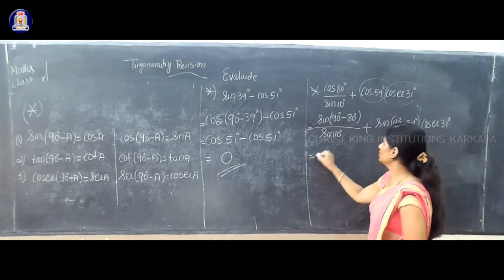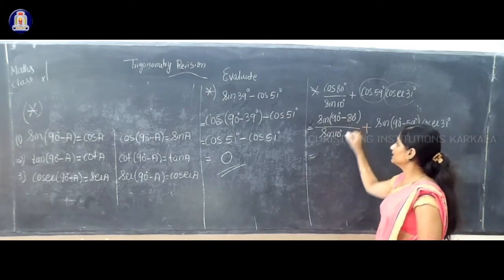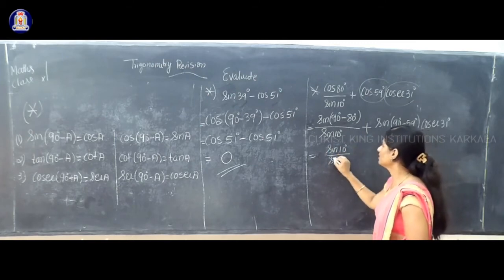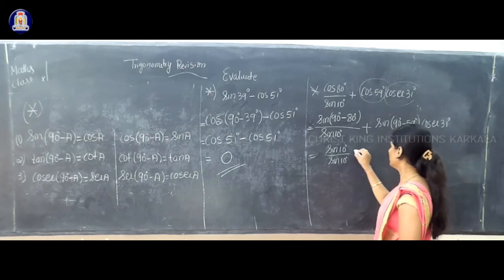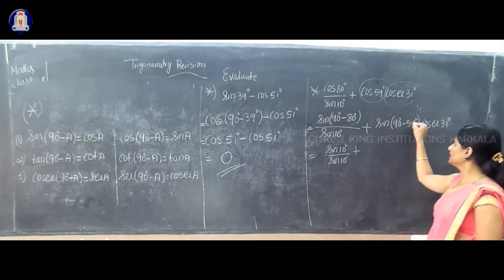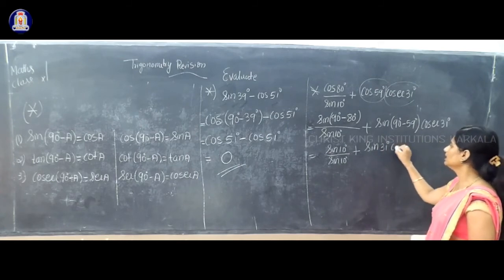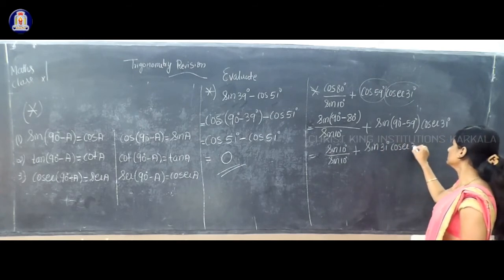Now that is equal to, sin of 90 minus 80 is what? Sin 10 degrees, divided by sin 10 degrees, plus sin of 90 minus 59 is sin 31 degrees, into cosecant 31 degrees.